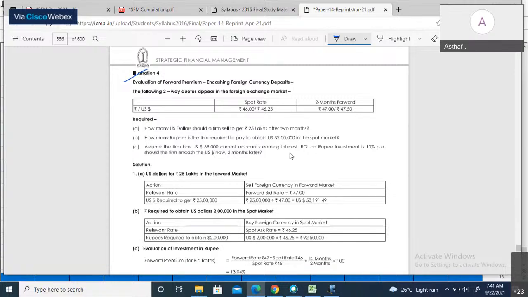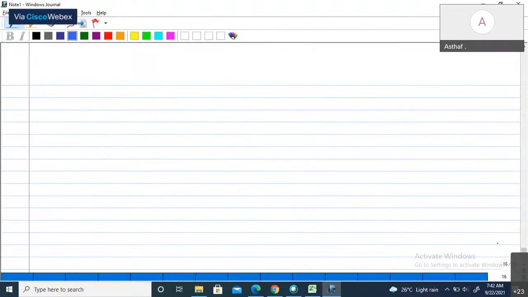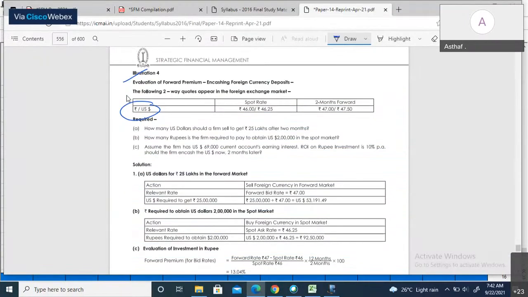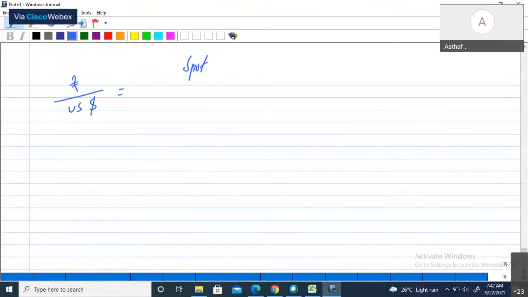So they have given 2 ways. Listen, the expression given here is rupees to US dollar. Since the expression is given to dollar, they have given both rates, spot rate and forward rate. Your spot rate is 46.